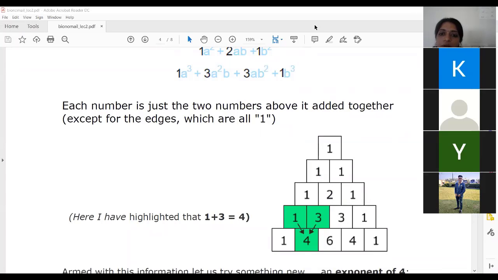So this Pascal's triangle is made by the addition of the upper ones. See, here 0, this one is 0. So 0, what happened?